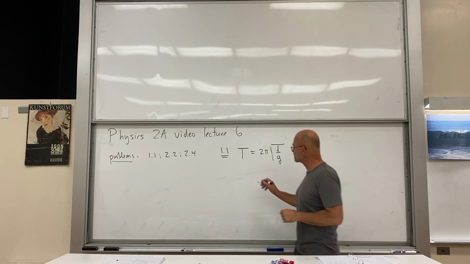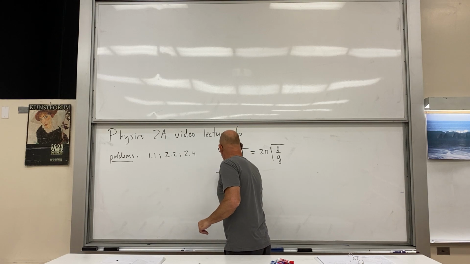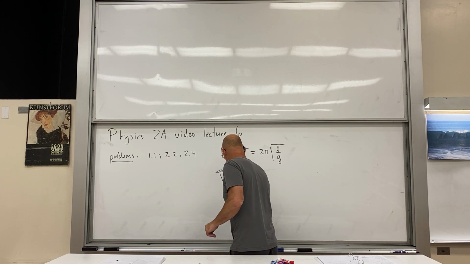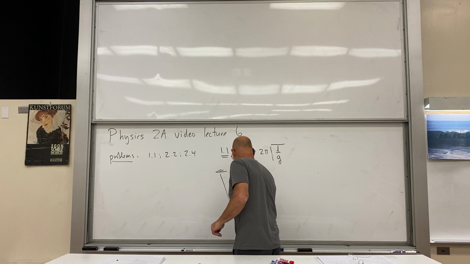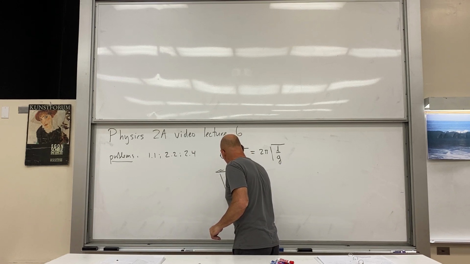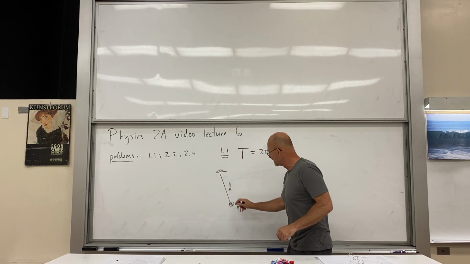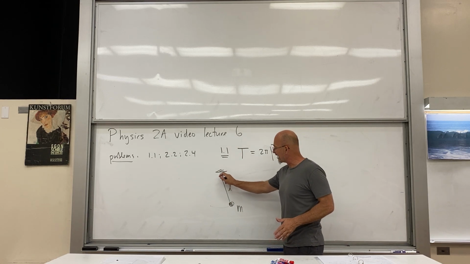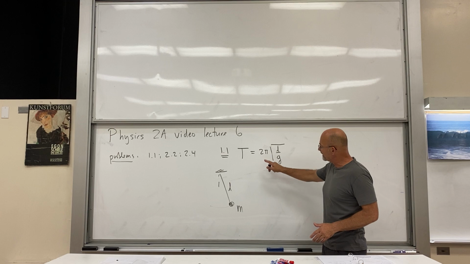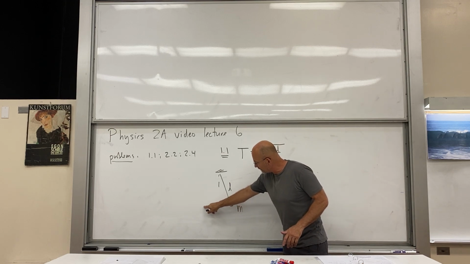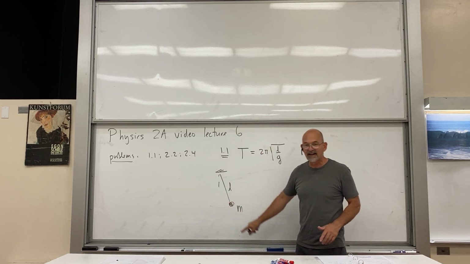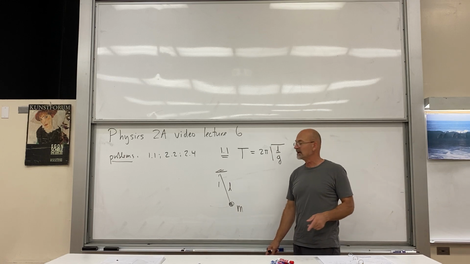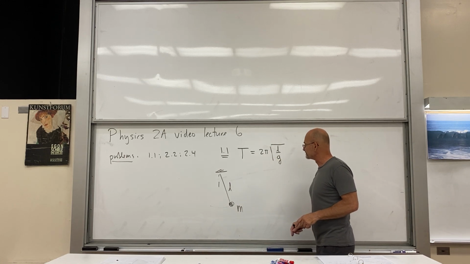But I may as well show you what's being discussed here. If you put a little object at the end of a string and let it swing back and forth, small initial angles, then the time it takes to go over and return again is called the period of oscillation, and this is how much time it takes.